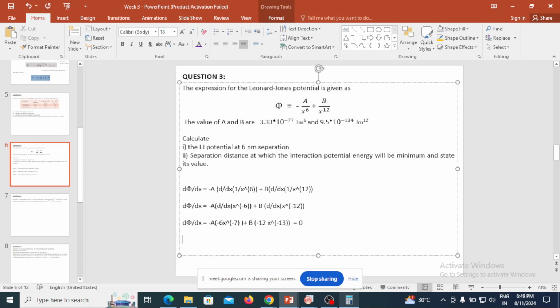Because we want to find the minima of that particular interaction potential energy.